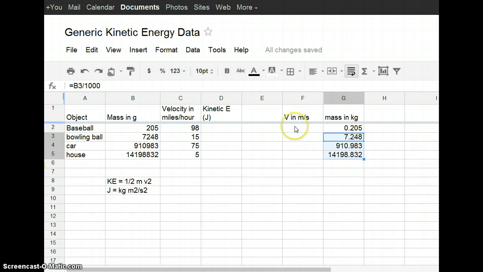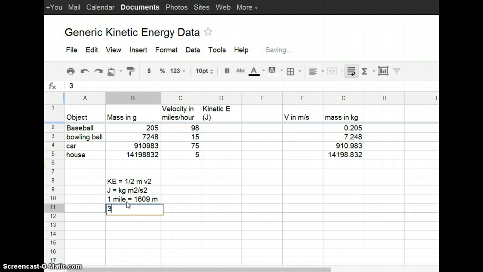Awesome. Now I need to get my velocity in meters per second. So let's say I know 1 mile is equal to 1609 meters, and I know there's 3,600 seconds in 1 hour.